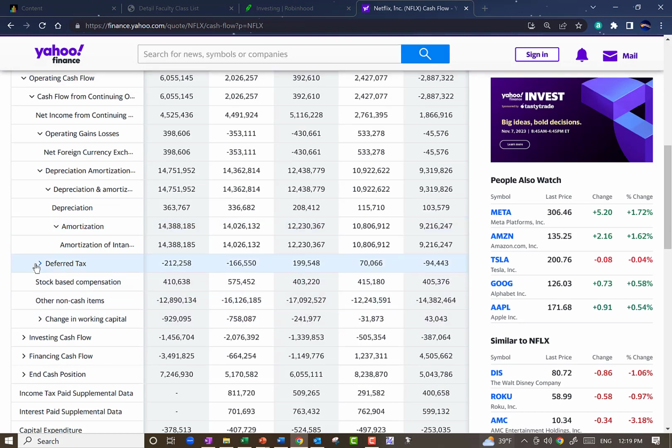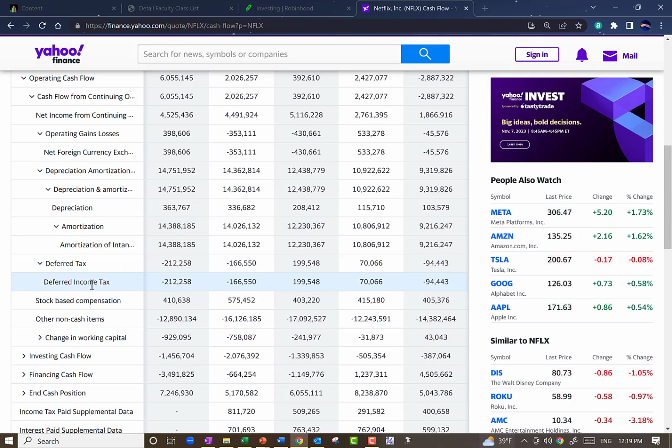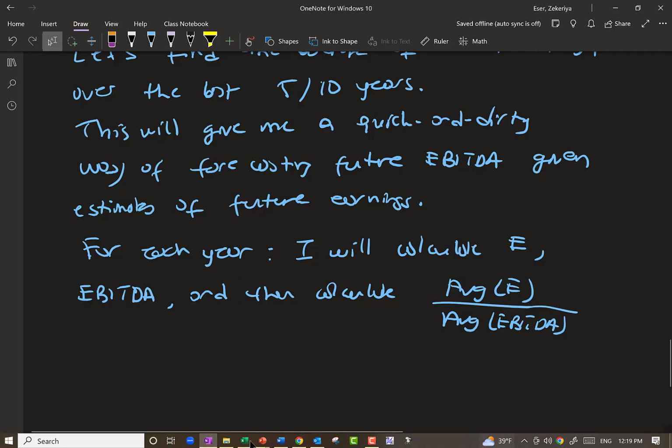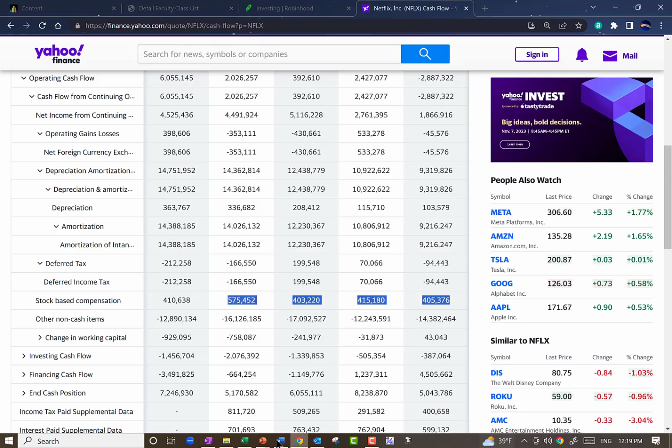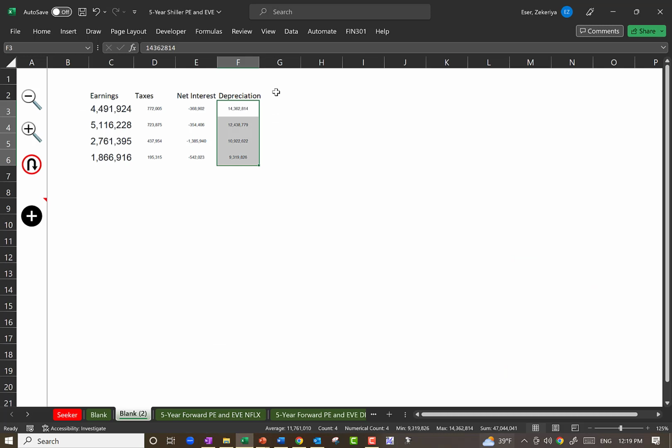And I'm going to also look at the deferred income tax. No, I'm not going to look at that. I'm going to look at stock-based compensation, because depending upon how firms use stock options, that makes a difference.